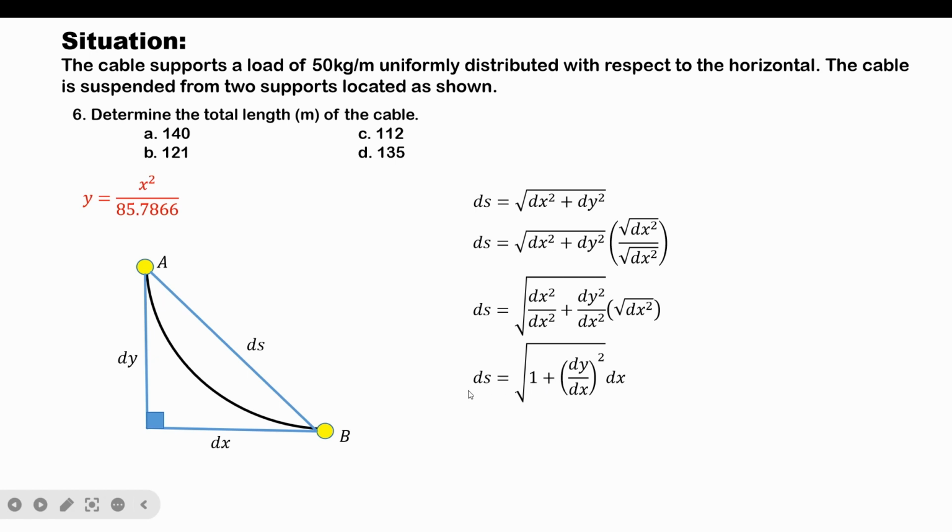So basically, we will just take the integral of both sides, and now this will be the formula that we will be using in computing for the total length of the cable.